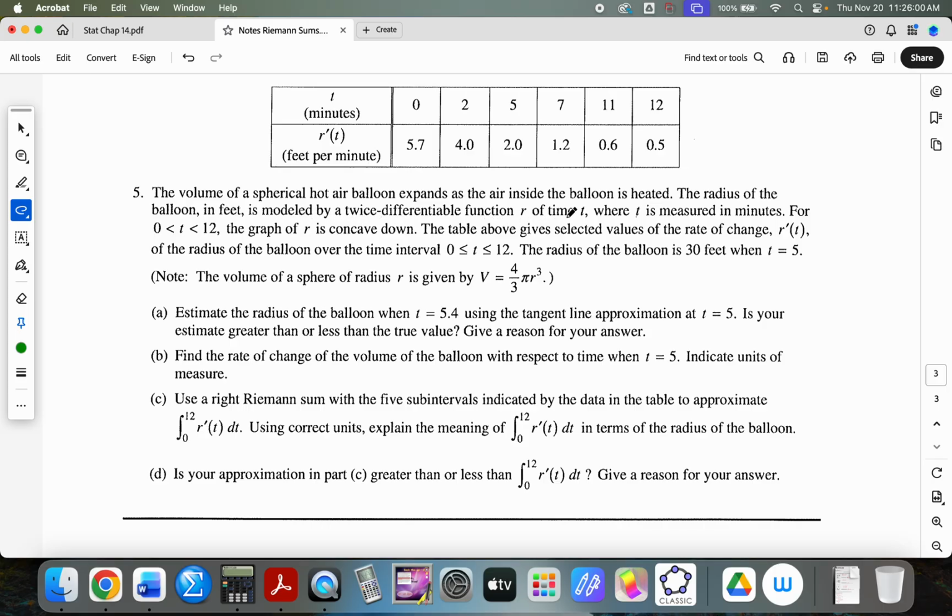The table above gives selected values of the rate of change, r prime of t, of the radius of the balloon over the time interval from 0 to 12. The radius of the balloon is 30 feet when t is 5. And then it very nicely gives you the equation for the volume of a sphere.